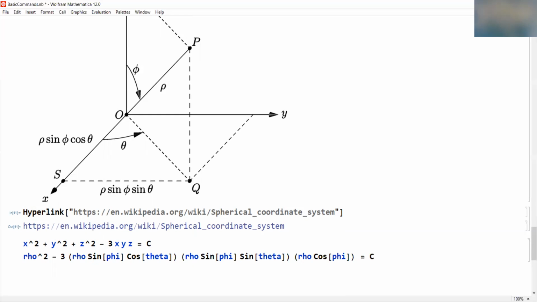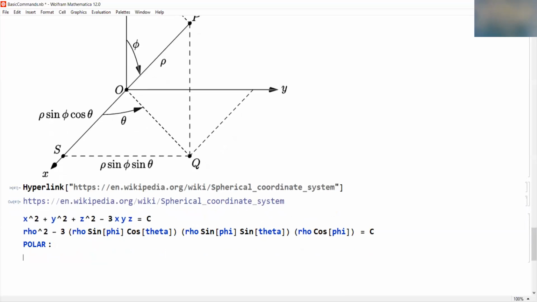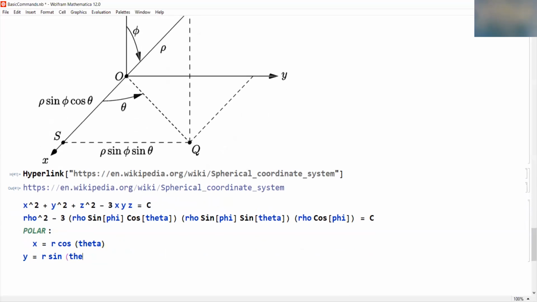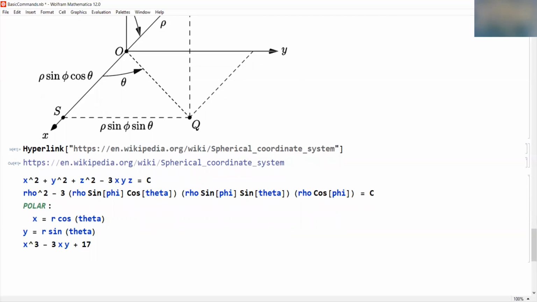You have your tables. So in polar, we have x equals r cosine theta and y equals r sine theta. If I give you an x and a y, this is how you would replace them. So if I gave you x cubed minus 3xy plus 17, what would x cubed be?